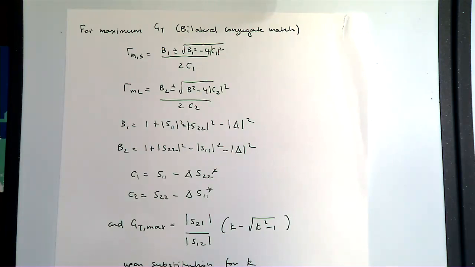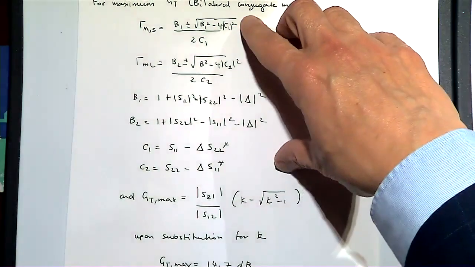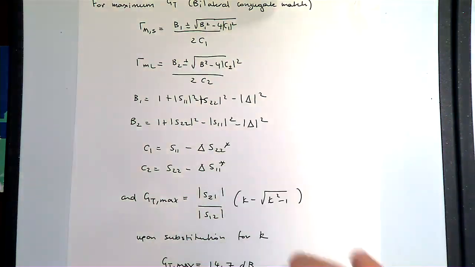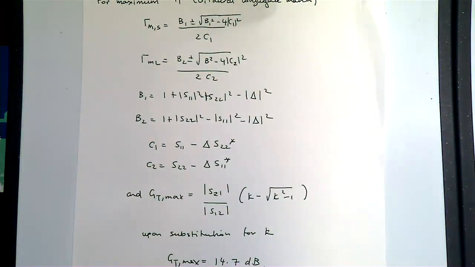But we then went through the process of saying, well, what happens if it was not unconditionally stable? And then we also went through the process of saying, well, what happens if it's unconditionally stable? Can we do something better? And then at that particular point, we talked about bilateral conjugate matching. And in this particular case, if we're doing a bilateral conjugate match, we can actually work out what the optimal impedances are in terms of the source and load, which gives us those characteristics.